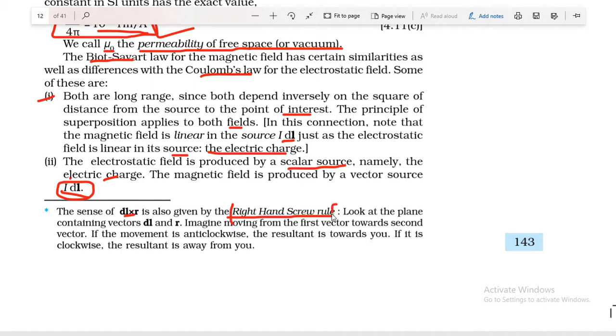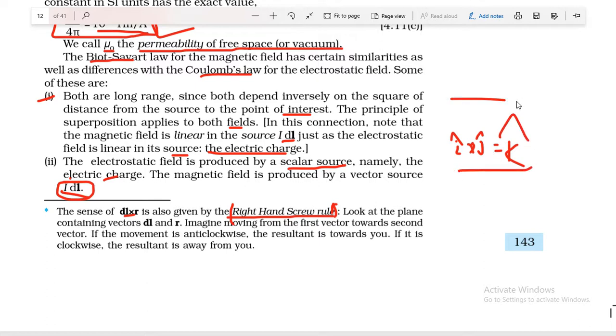Or you can use the simple vector rule: i cross j gives k, and j cross i gives minus k.